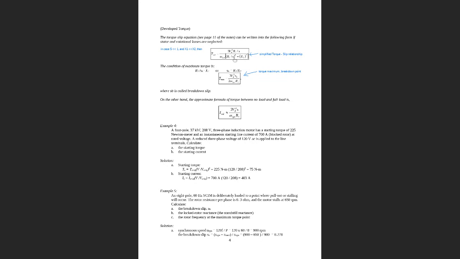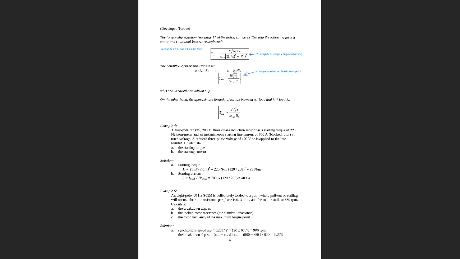At the moment that R2 over S is equal to X2, this function has its maximum value. Therefore, generally the maximum torque occurs when the slip equals R2 over X2.